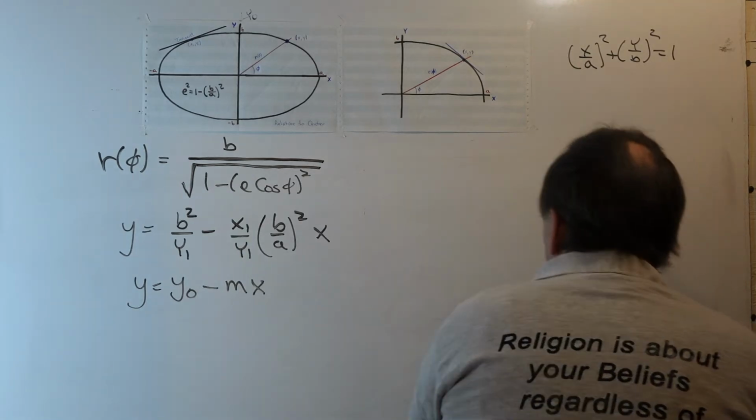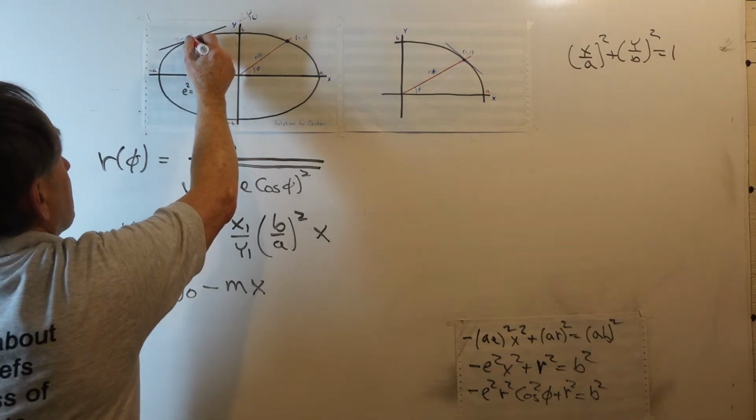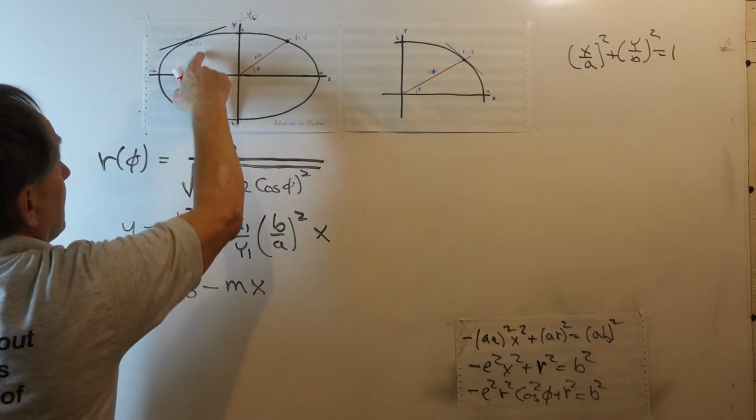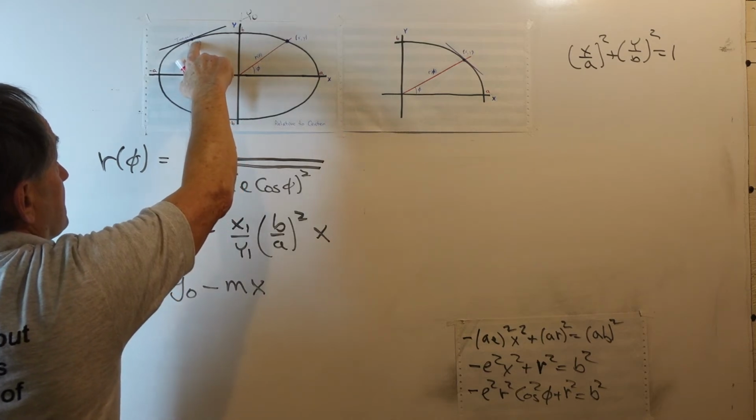Now the point x1, y1 is where the tangent is touching the ellipse. That's the point of intersection of the tangent with the surface of the ellipse.